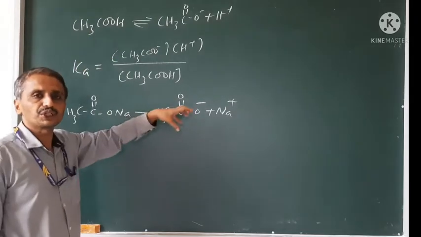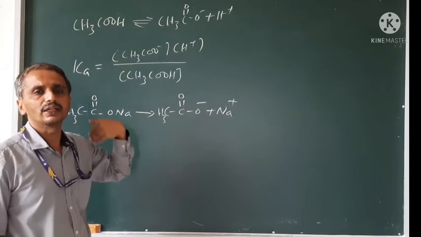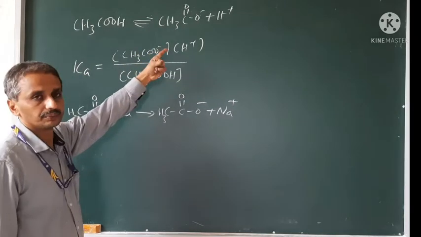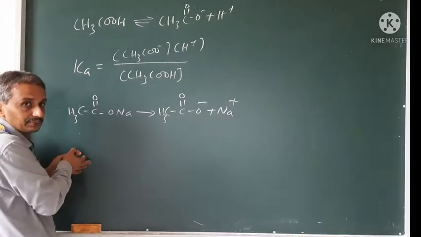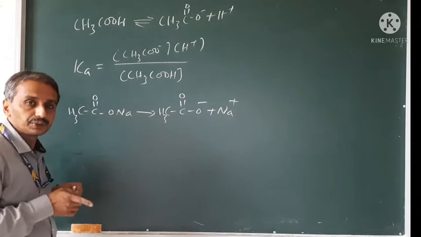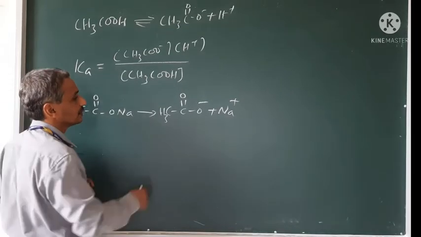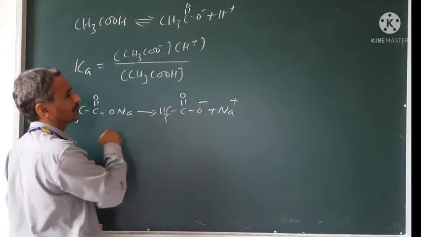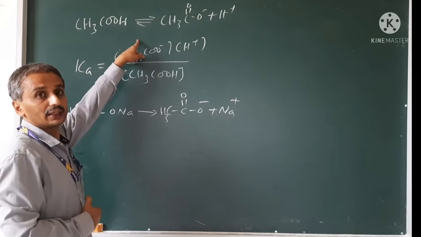The dissociation of the weak acid is reversible in nature and it is an equilibrium. Now I am adding sodium acetate. So actually, by adding the sodium acetate, I am disturbing the reaction at equilibrium.